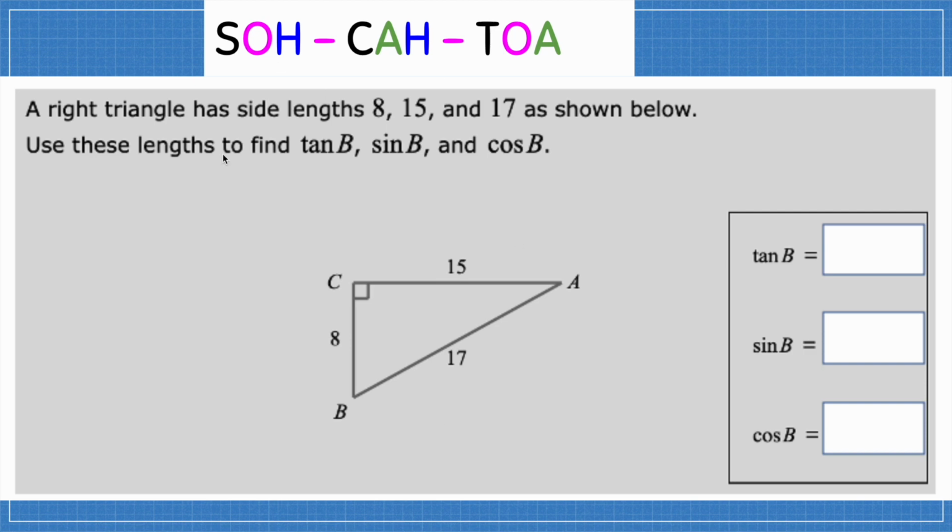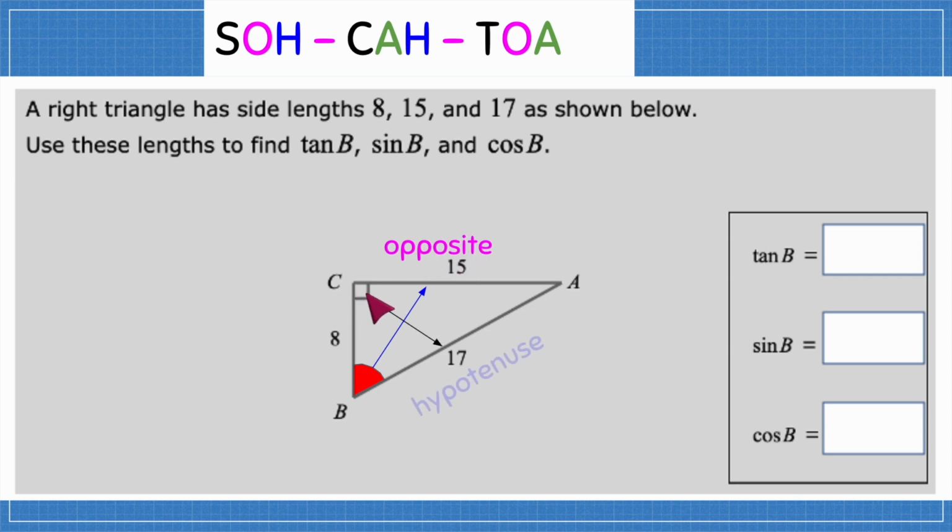Okay, let's go ahead and apply this. I brought the SOHCAHTOA down here so that we can see that pattern. We have a right triangle with sides 8, 15, and 17 as shown below. Use these lengths to find the tangent B, sine B, and cosine B. Here is my angle B, so I'm going to immediately start labeling. There's my opposite side, so my opposite is 15.